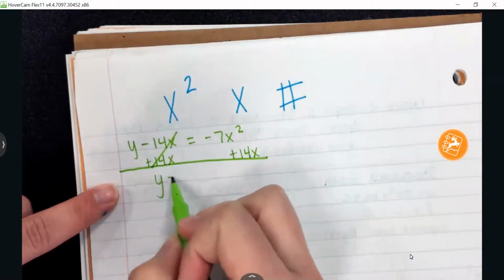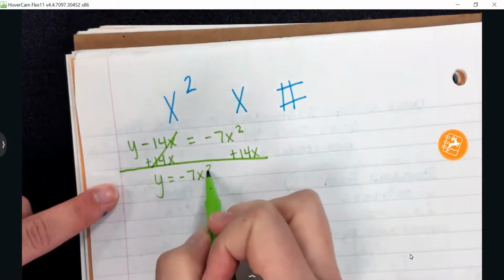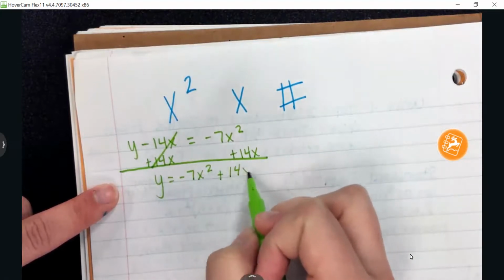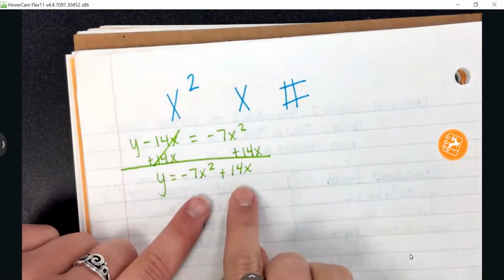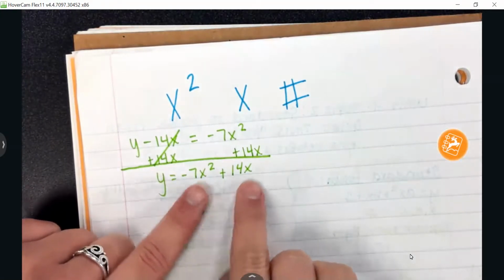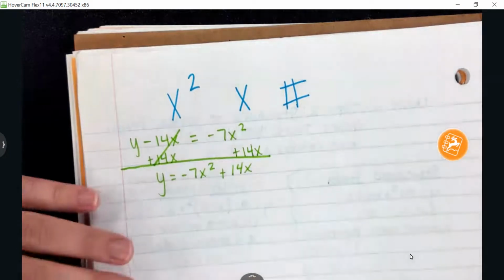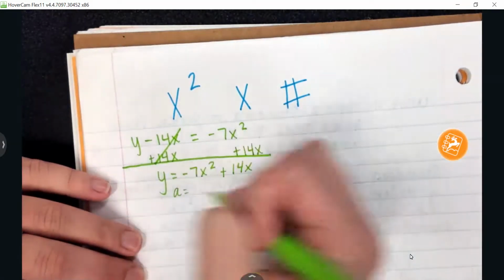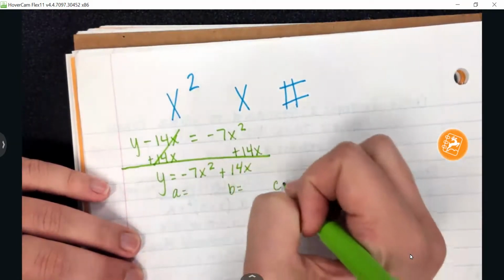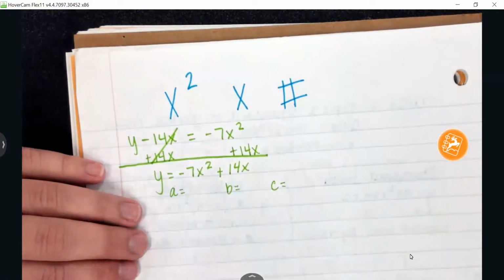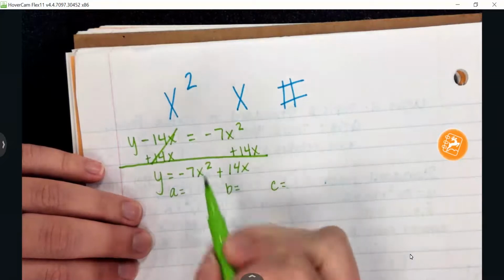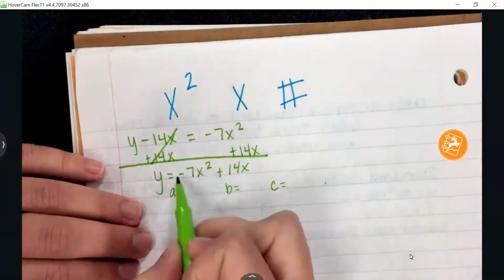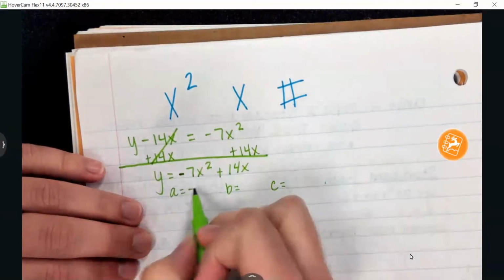So y equals negative 7x squared plus 14x. Carson, can I actually add these together? Why not? They have 2 different exponents. Very good. I need an A, a B, and a C. Adam, what's my A value? Negative 7.